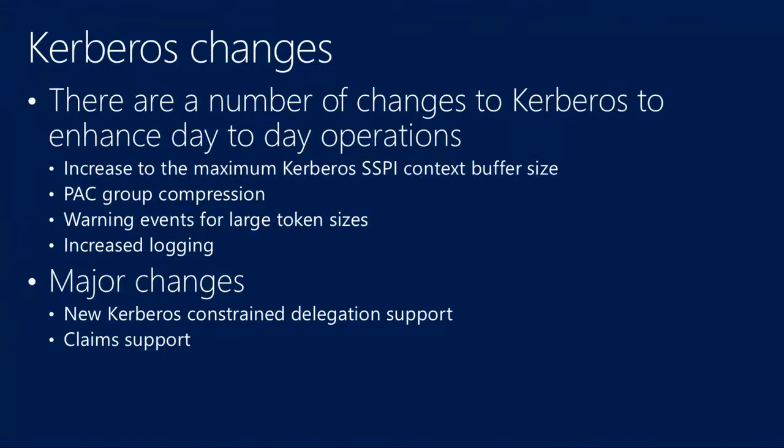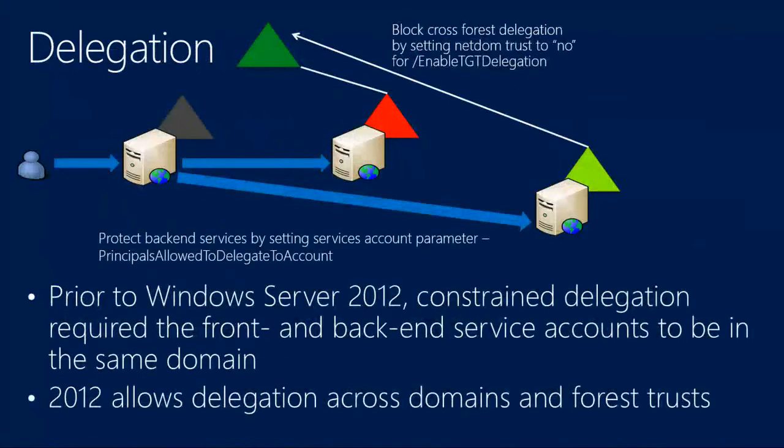There's also new support for constrained delegation, and also claims support. The idea of constrained delegation is a user hits your front end, let's just call it a web server. And then this web server wants to go off to a back-end system using the identity of the user. So we've actually got a delegation taking place. We hit the back-end system with the identity of this user.